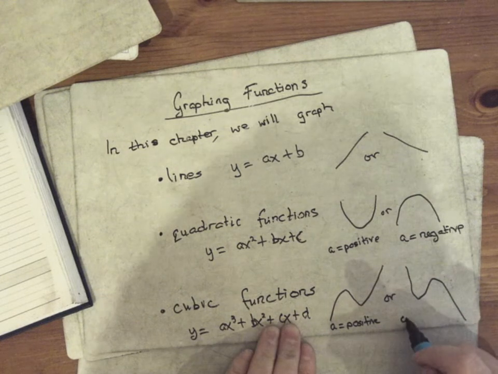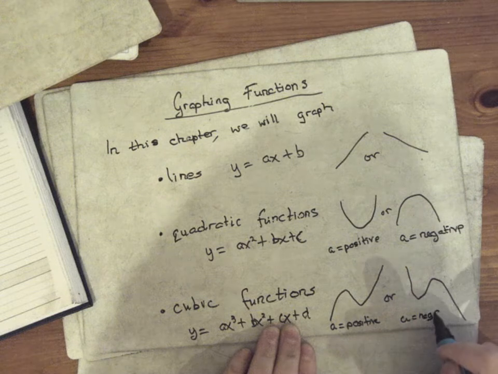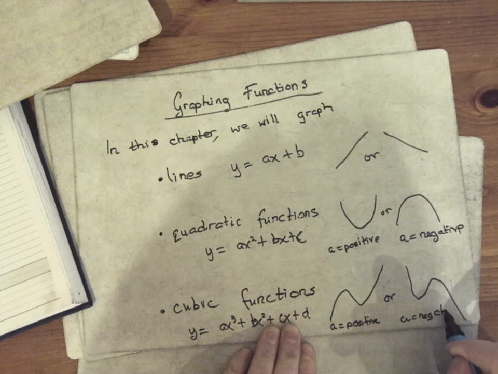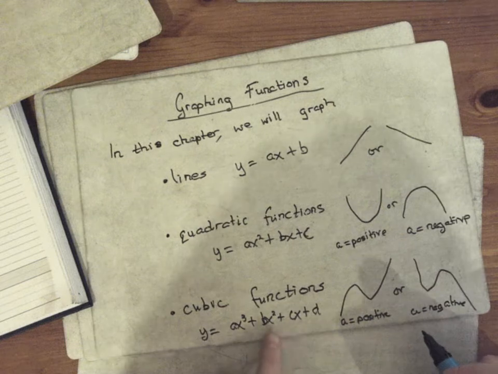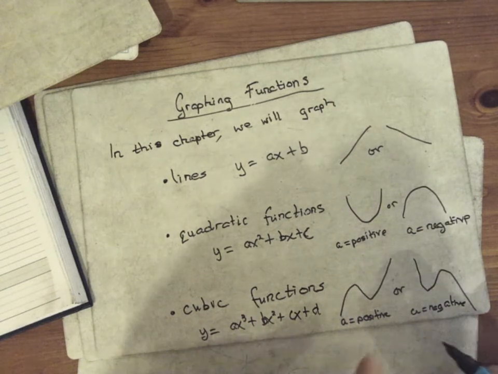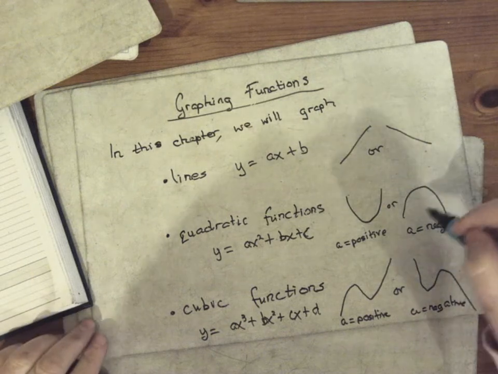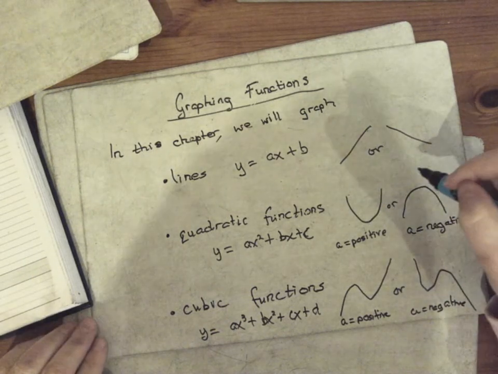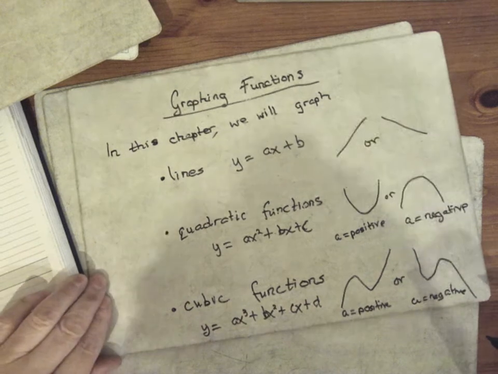Whereas if a is negative, negative means we're down in the dumps, so we'll finish on a low, okay? So this is when a is negative. Again, it doesn't matter what signs are on any of the other numbers, this is the one that tells us, right? So we're going to go through each of these individually and learn how to draw a line, a quadratic function and a cubic function, okay?